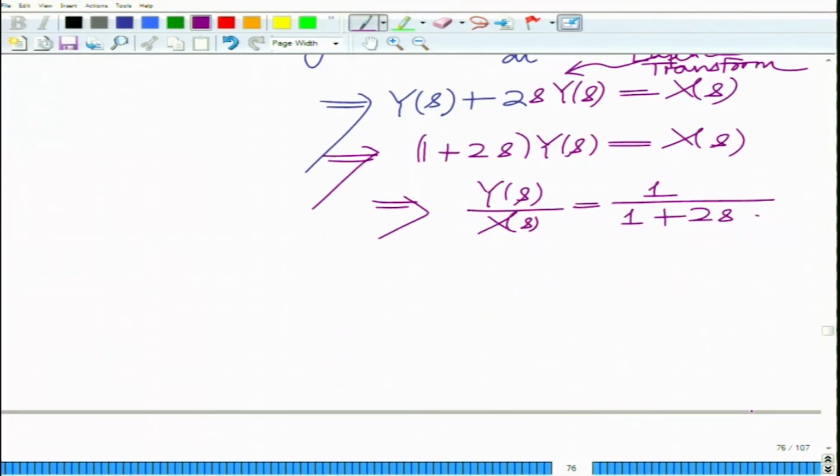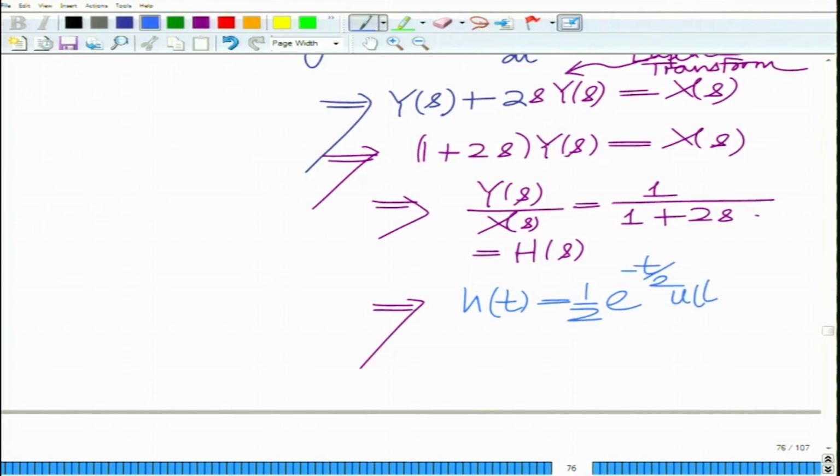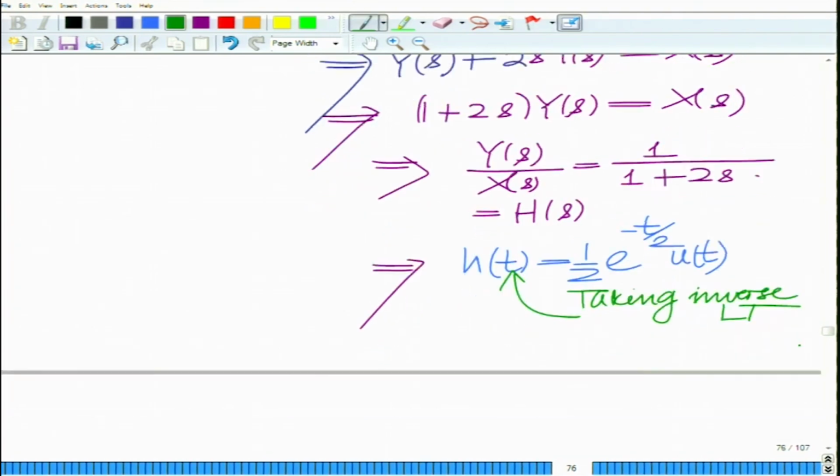Now, this 1 over 1 plus 2s is your H(s). That implies, taking the inverse Laplace transform, we have h(t) equals half e raised to minus t by 2 u(t).